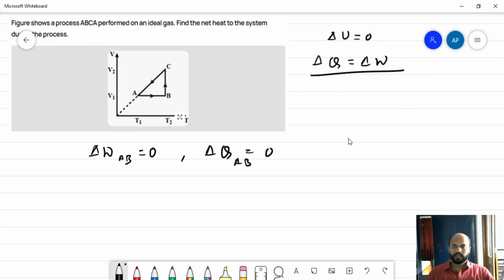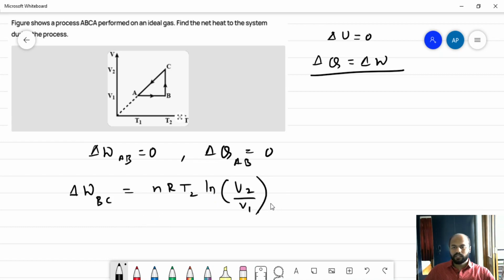Now process BC, as you can see, is an isothermal process, and the volume is increasing from V1 to V2. So for an isothermal process, we know that the work done is given as nRT2 ln (V final by V initial). This is the work done in the process BC.